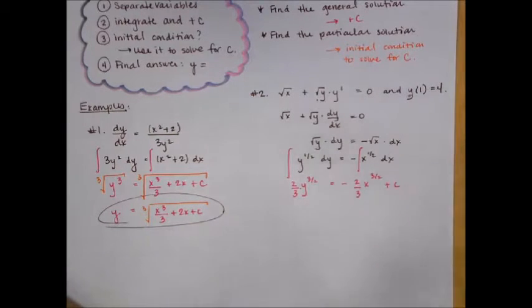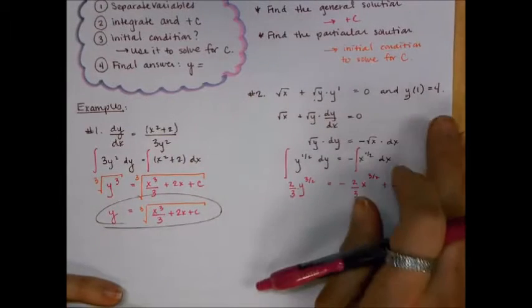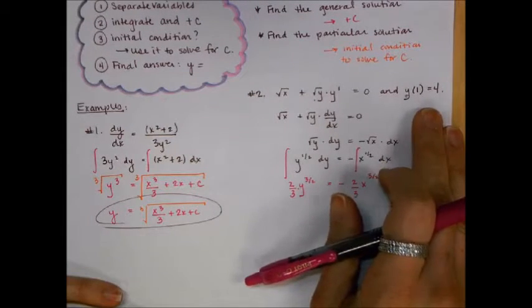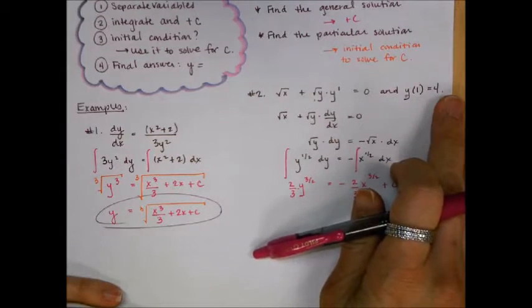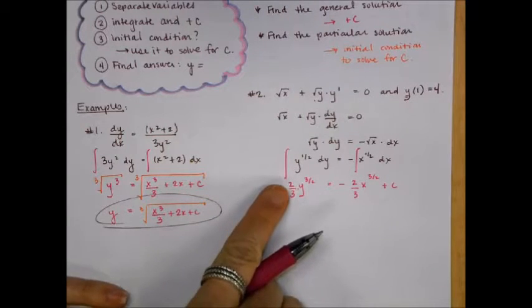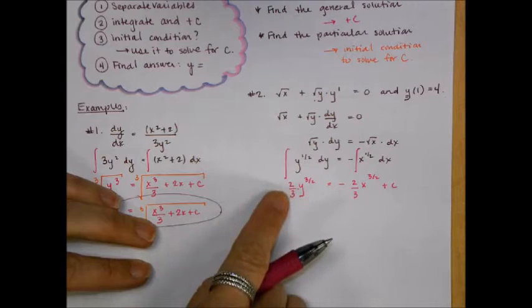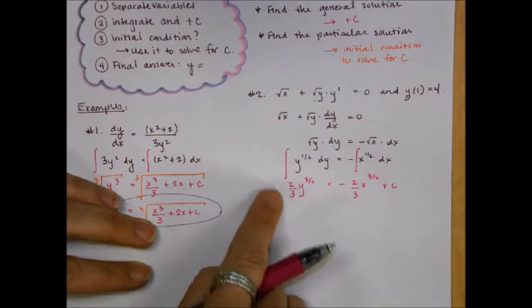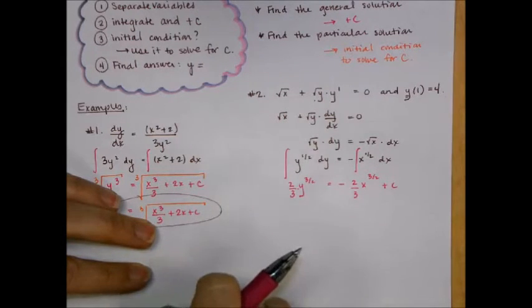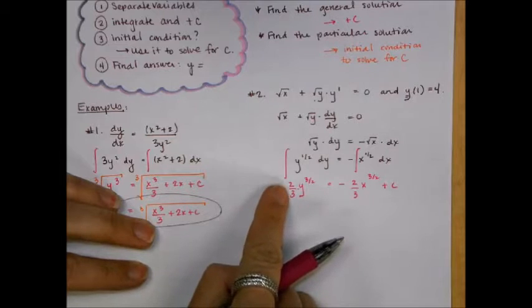Now you could solve for the constant right now, plug in 1 for x and 4 for y. I would recommend though trying to get y by itself a little bit more. So if there's a coefficient, I would get rid of that coefficient, but not the exponent necessarily. So I'm going to multiply through everywhere by 3/2 first.